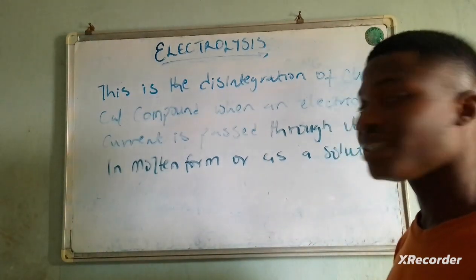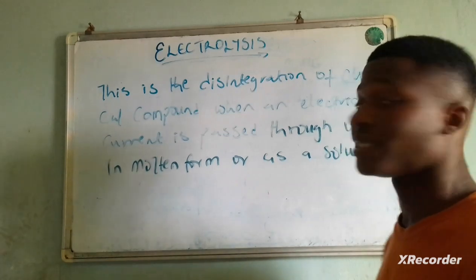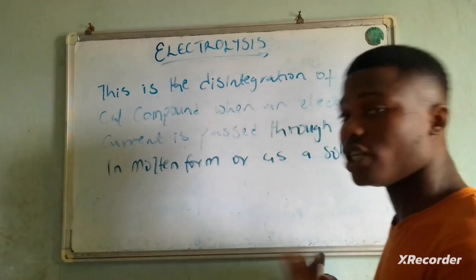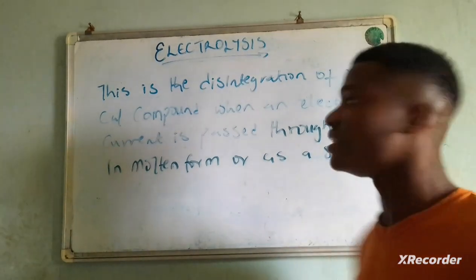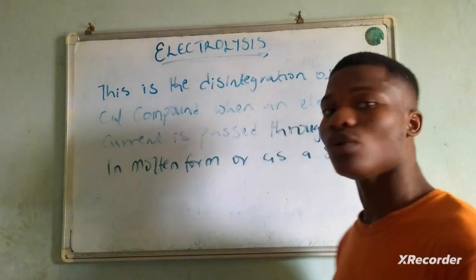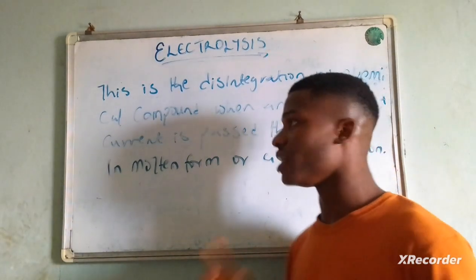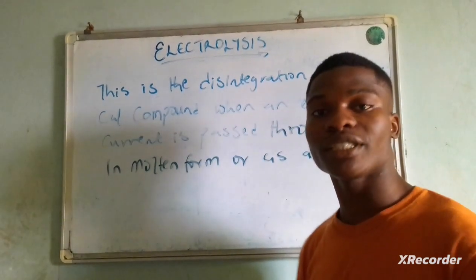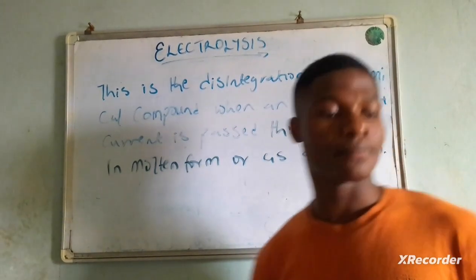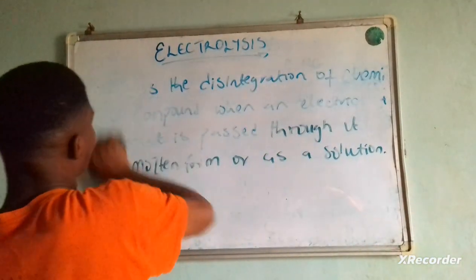Then there are certain terminologies we need to know in order to understand more of what electrolysis is talking about. So one of them is we need to understand what an electrolyte is. So I will state the terminologies and explain them.